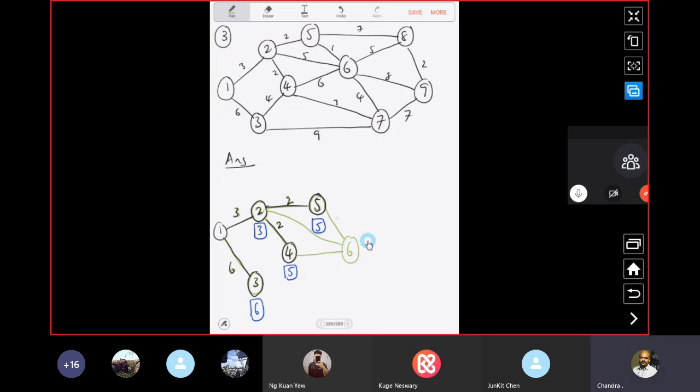Here 1, here 5, here 6. 5 plus 1, 6. 3 plus 5, 8. 5 plus 6, 11. So 6, 8, 11. Which one is shortest? 6. I erase this one.